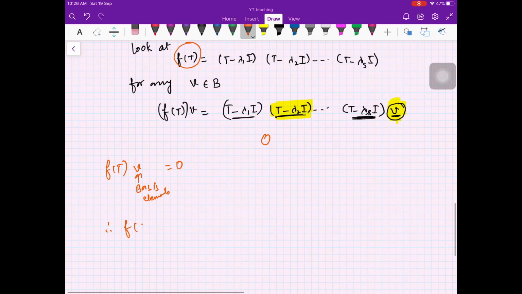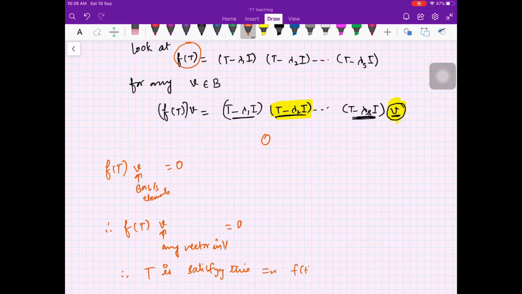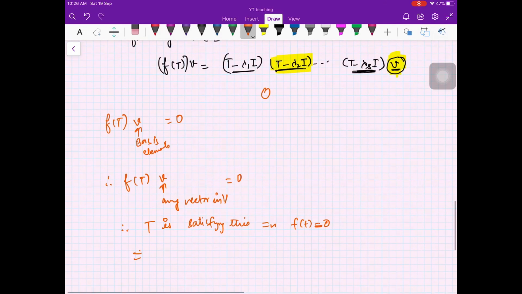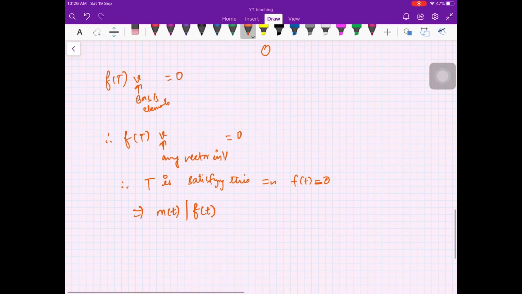Therefore this operator on any vector in V, because any vector in V is a linear combination of the basis elements, will give you 0. Therefore, T is satisfying the equation f(T) = 0. It means that the minimal polynomial of T will divide f(t), because we know that the minimal polynomial divides every other polynomial which is satisfied by T. Now what is f(t)?